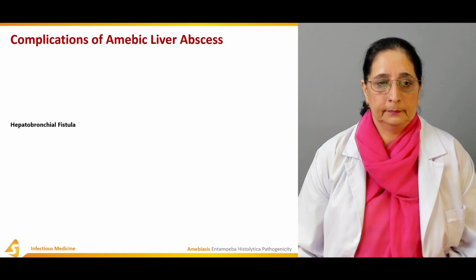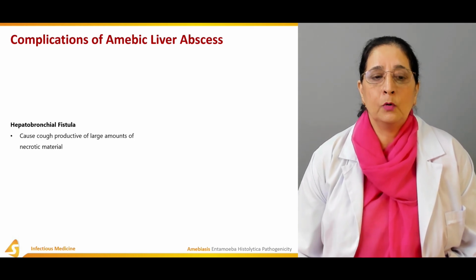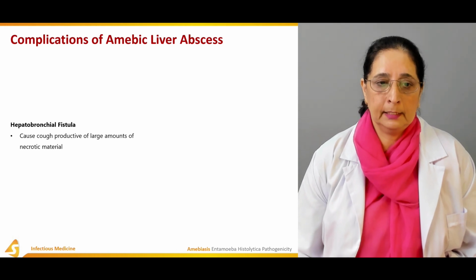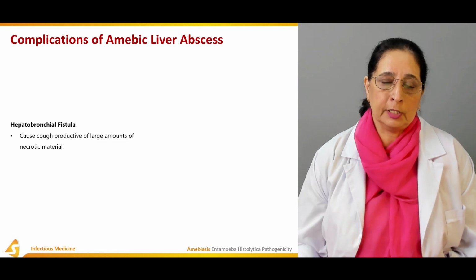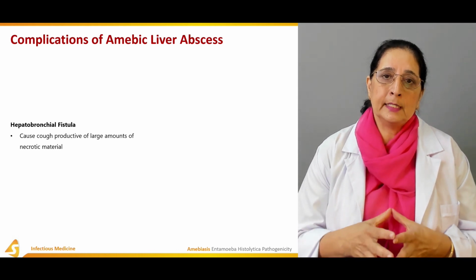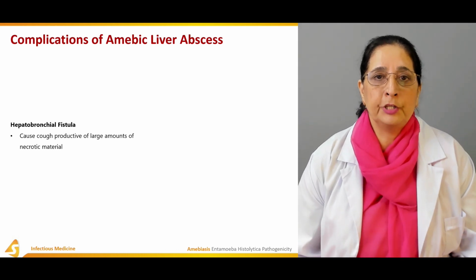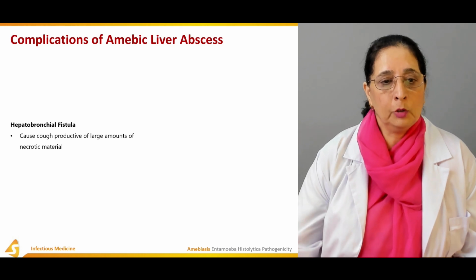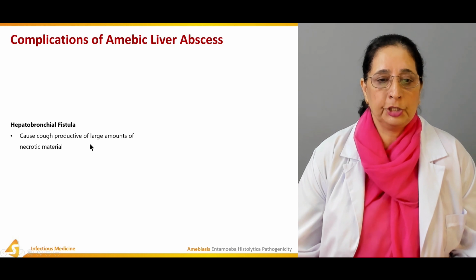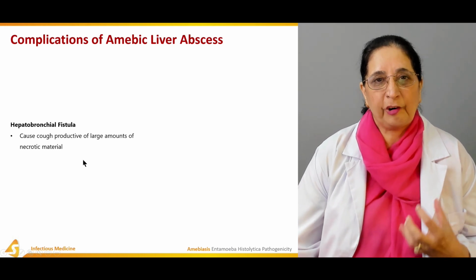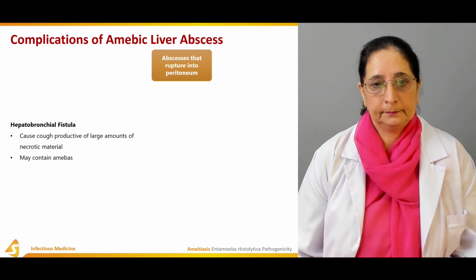Hepatobronchial fistula causes cough and production of a large amount of necrotic material. A fistula is a connection between two structures. As a result of the abscess formation, when it spreads to the lungs, there is a chance that we form a hepatobronchial fistula. In that case, there is cough and production of a large amount of necrotic material, which may contain amoebas.